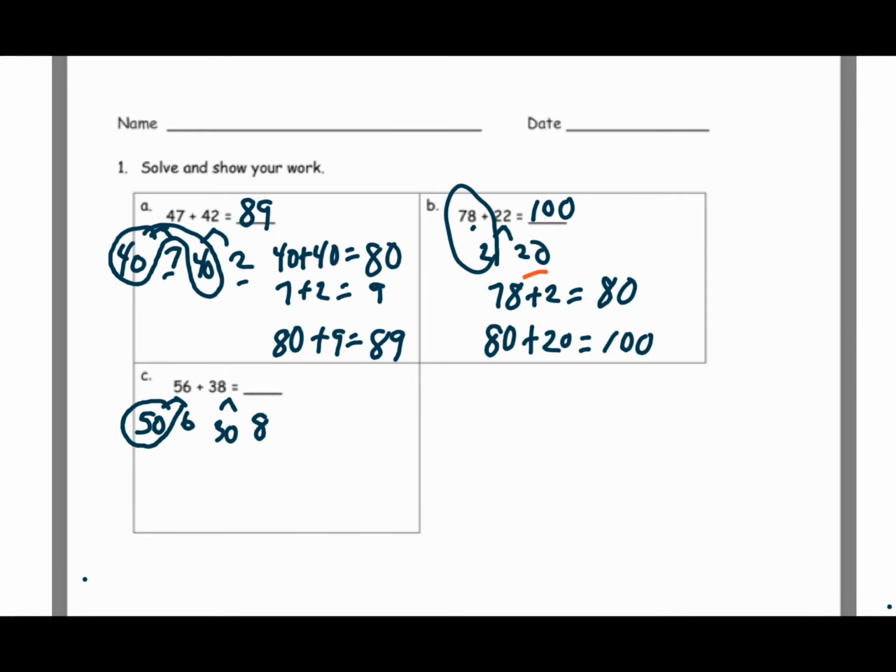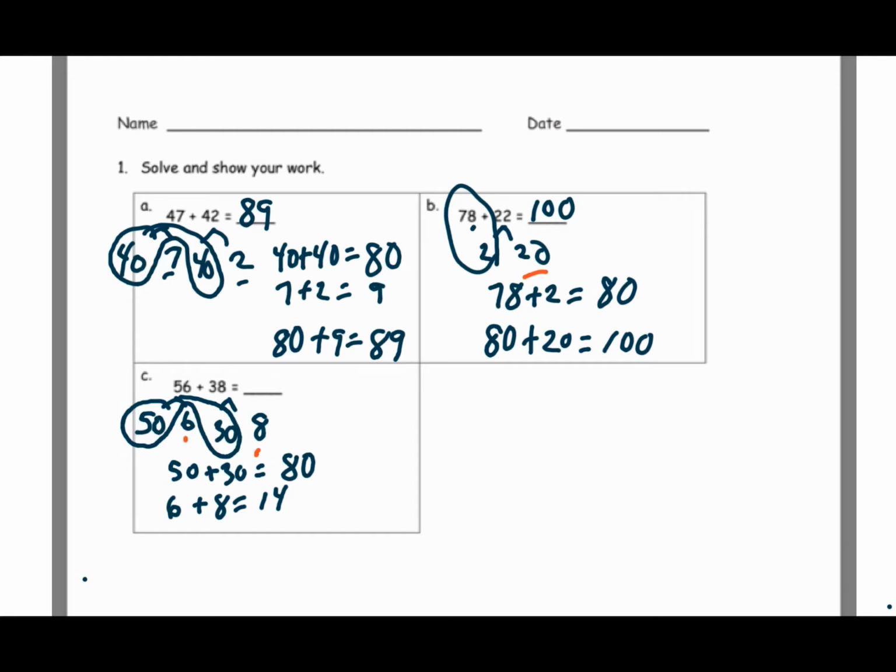So my 50 I'll put together with my 30. So 50 plus 30 equals 80. And I have here, boys and girls, my 6 and my 8. So I'll write down 6 plus 8 equal to 14.